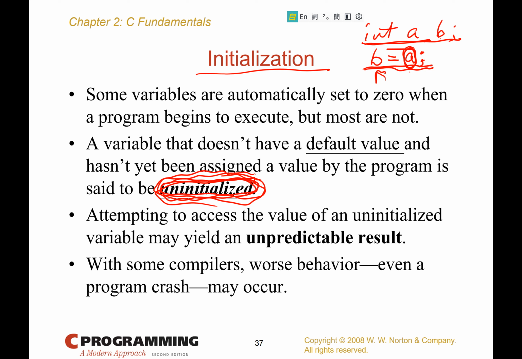With this statement, what the computer did is to allocate a space for A and a space for B. But what's inside A is unknown to the computer. What's inside B is unknown to the computer either. But now you are taking the value of A to save in B. The thing is, what's in A? You do not specify.